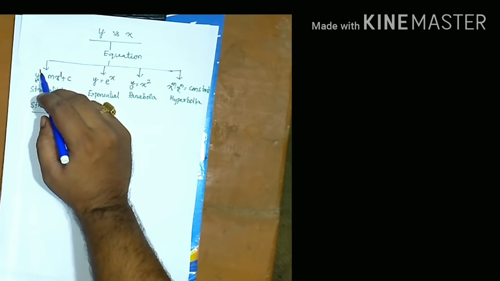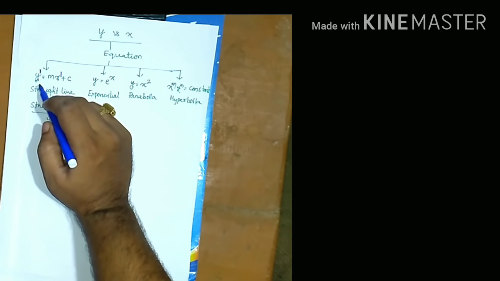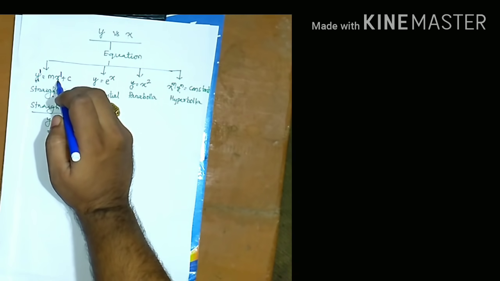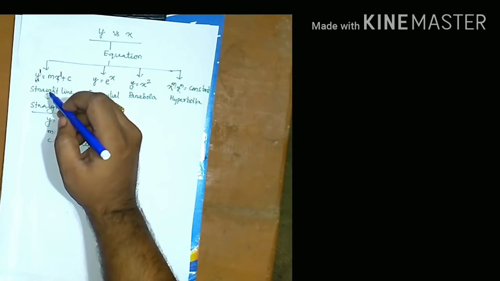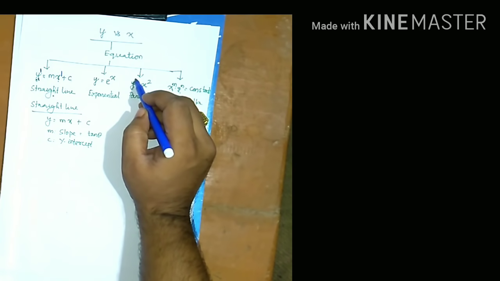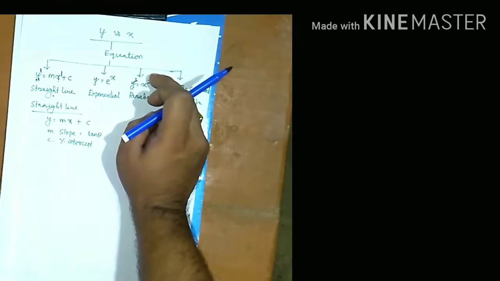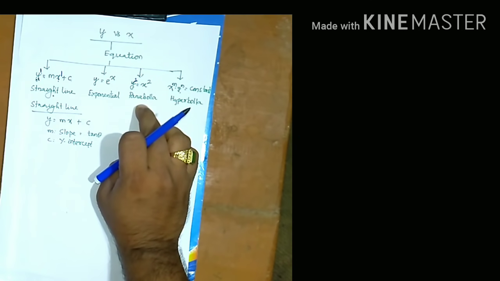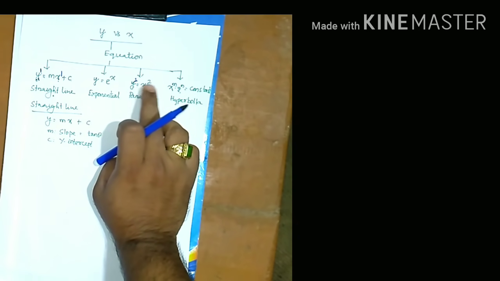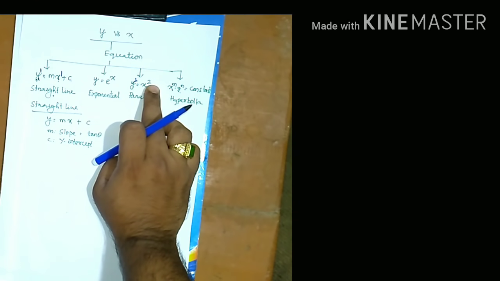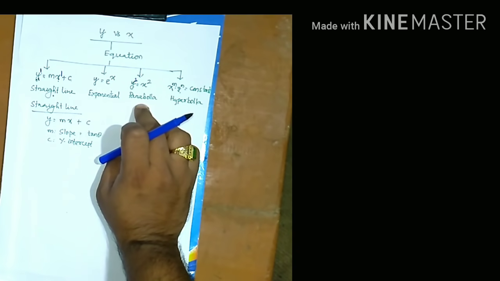Remember, if the power of dependent variable and independent variable is 1, it is a straight line. If the power is 1 and 2, that is parabola. Remember, if dependent variable and independent variable have the power 1 and 2, it is called the parabola.